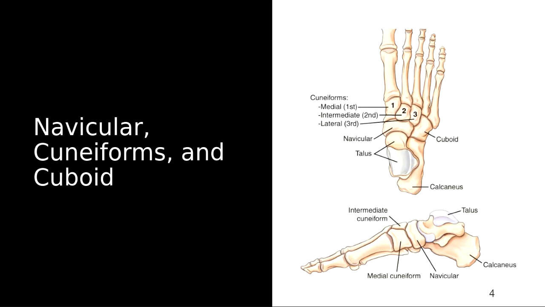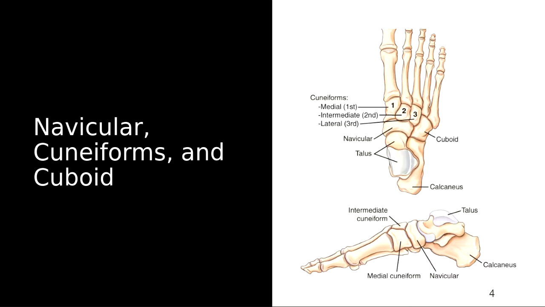You can see as far as in relation, you've got the 7 tarsal bones: the 3 cuneiforms, the cuboid, the navicular, the talus, and the calcaneus. So 3, 4, I didn't realize the pointer wasn't on this whole time. I'm so sorry. 3, 4, 5, 6, and 7 tarsal bones. And remember, the mnemonic for that is "Come to Colorado next 3 Christmases."